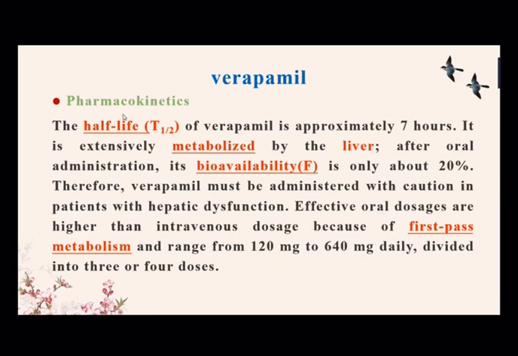Verapamil, pharmacokinetics. The half-life of verapamil is approximately 7 hours. It's extensively metabolized by the liver. After oral administration, its bioavailability is only about 20%. Therefore, verapamil must be administered with caution in patients with hepatic dysfunction.